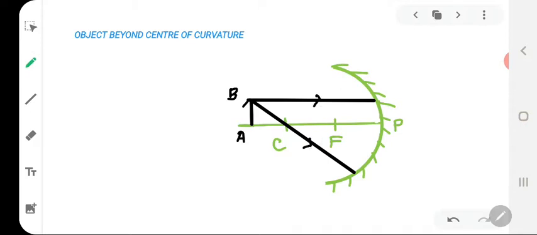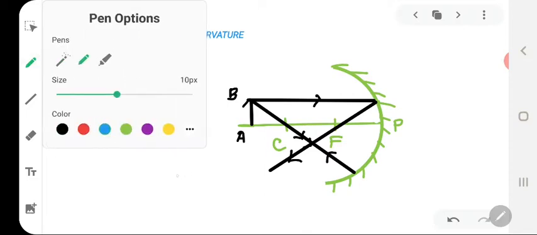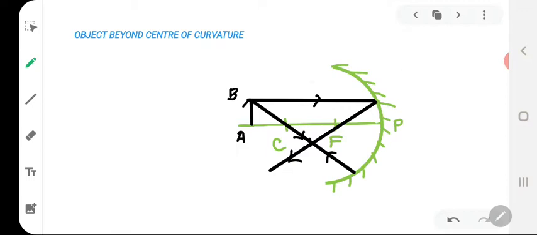We know that the ray of light which is traveling parallel to the principal axis should pass through the focus after suffering reflection, and a ray of light which travels through the center of curvature simply retraces its path. So this is how the reflection will take place, and now we can draw the image at the point of intersection of the reflected rays.